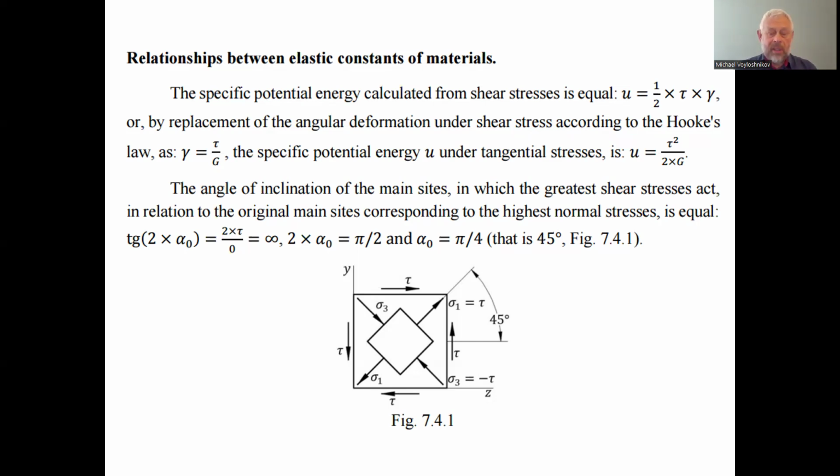The specific potential energy calculated from shear stresses. First, we'll consider the dependence of the specific potential energy under the shearing stresses. It is equal to 1/2. The 1/2 appears when we consider Hooke's law as the dependence of the stresses on strains, increasing linearly from 0, the magnitudes of the stresses and strains together.